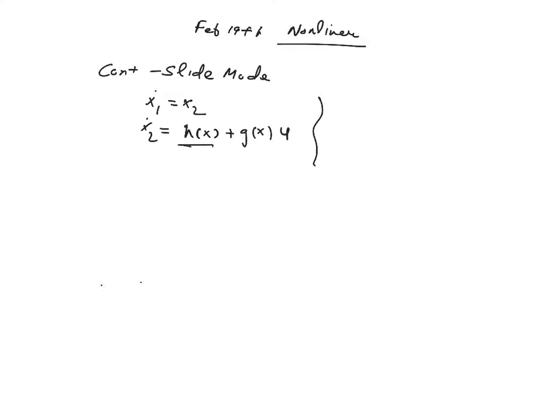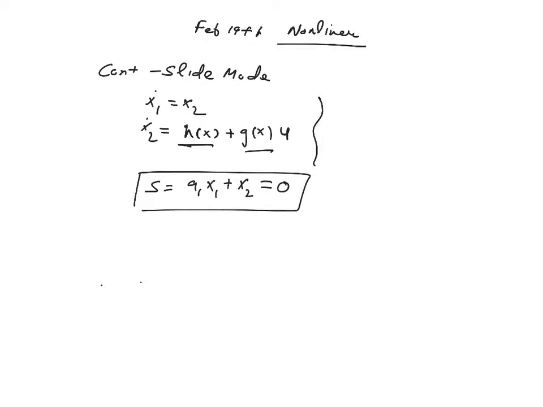H of x is not known perfectly, g of x is also not known perfectly, and we came up with the sliding manifold s equals a1 x1 plus x2 equals 0. We have shown that once you come on this sliding manifold, you slide into the origin, right?